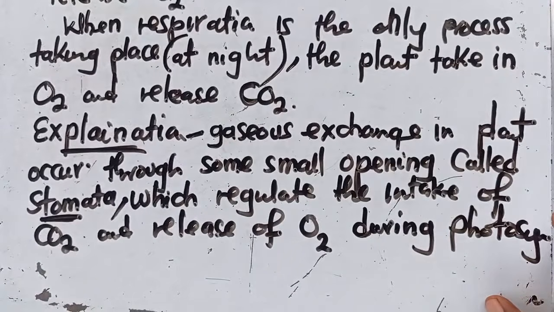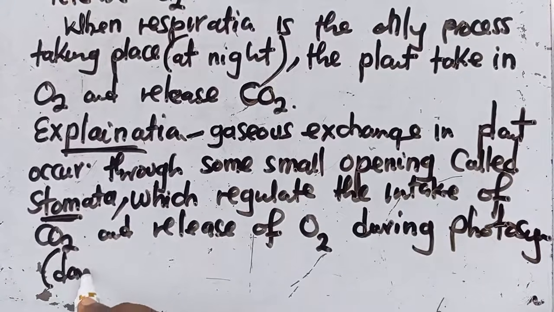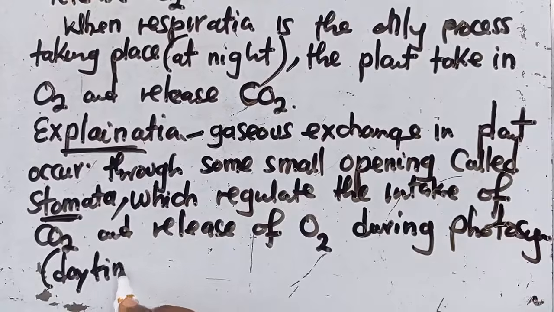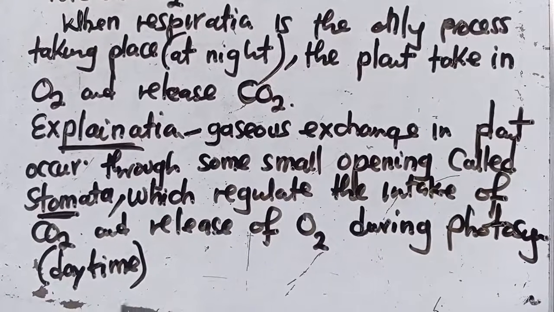During photosynthesis, that is occurring during daytime. So photosynthesis, in brackets, you put daytime, so that even the person reading will get that this was happening during daytime. At night, you discover that this is about the daytime and everything.